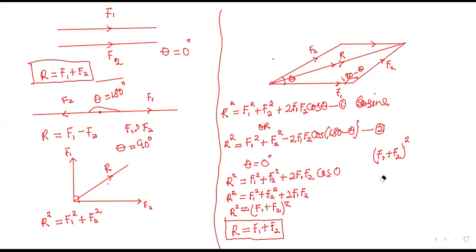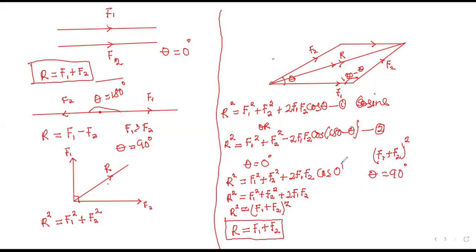When theta is 90, we use the cosine rule to obtain a solution. So here we substitute 90 for theta.